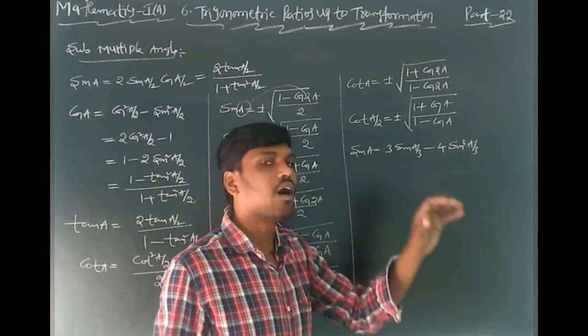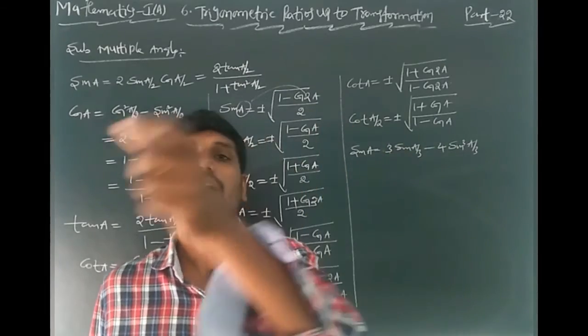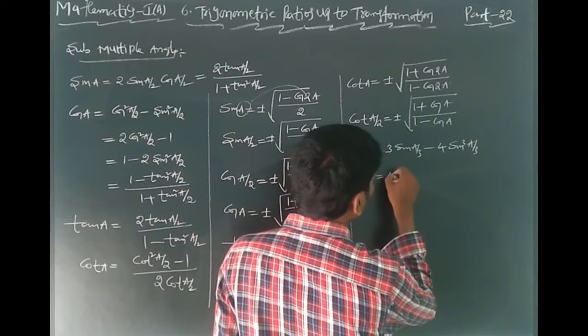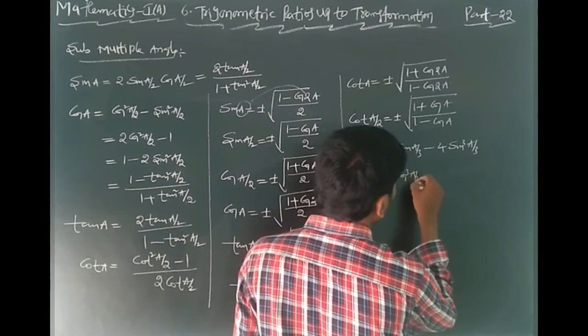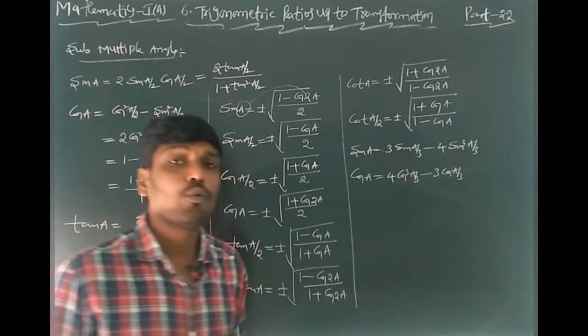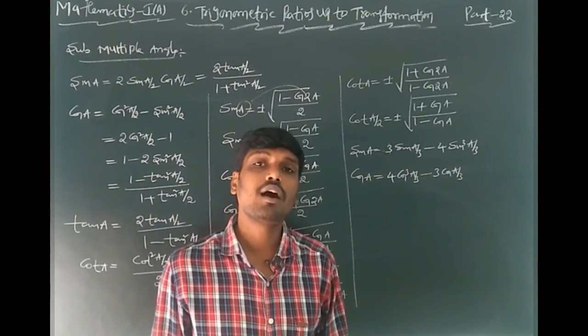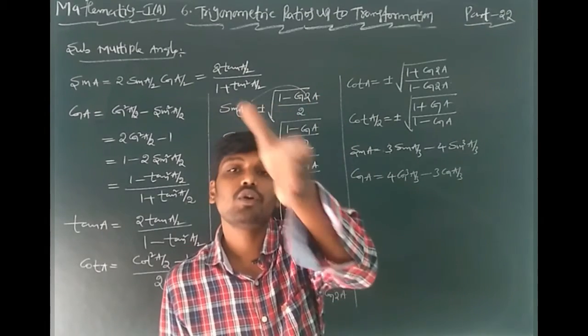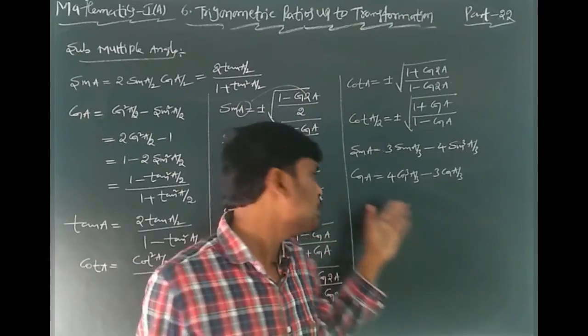This is the formula of sin a in terms of a by 3. Similarly, cos a is equal to 4 cos cube a by 3 minus 3 cos a by 3. You know that cos 3a is 4 cos cube a minus 3 cos a. In terms of 3a, you write the value as a by 3, and you get the cos a value.